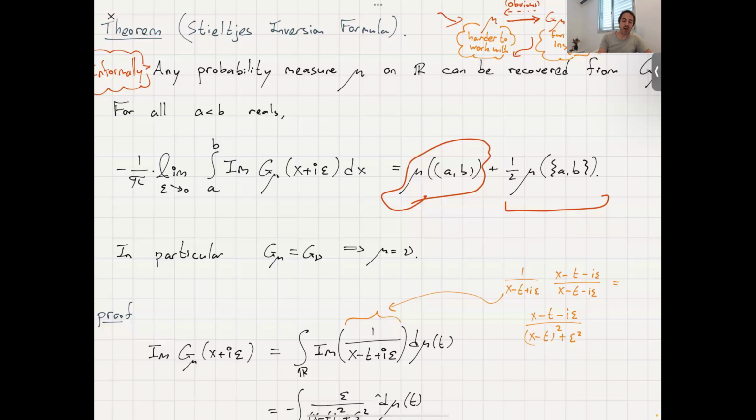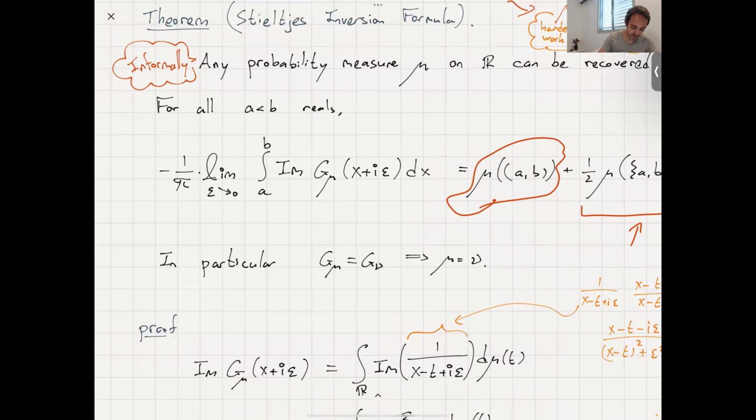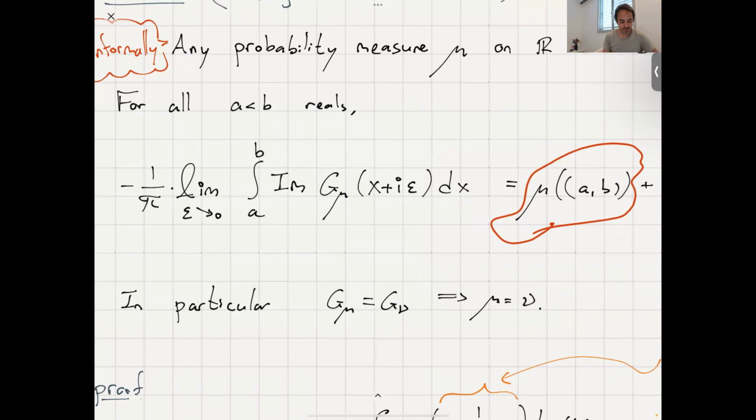So I'm going to tell you how to compute mu of the interval AB, again up to this little bit, using the Cauchy transform. It looks like that. It's maybe a bit scary at the beginning. There is this normalization which you can ignore. It's not really important at this point.